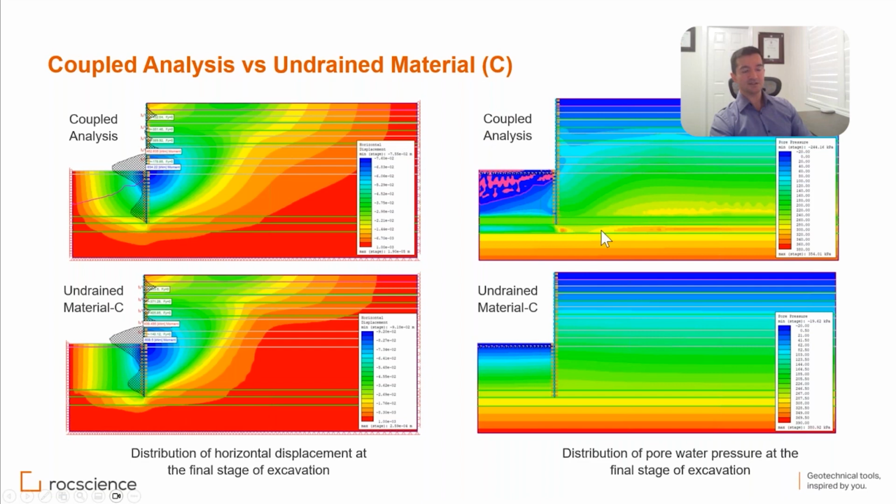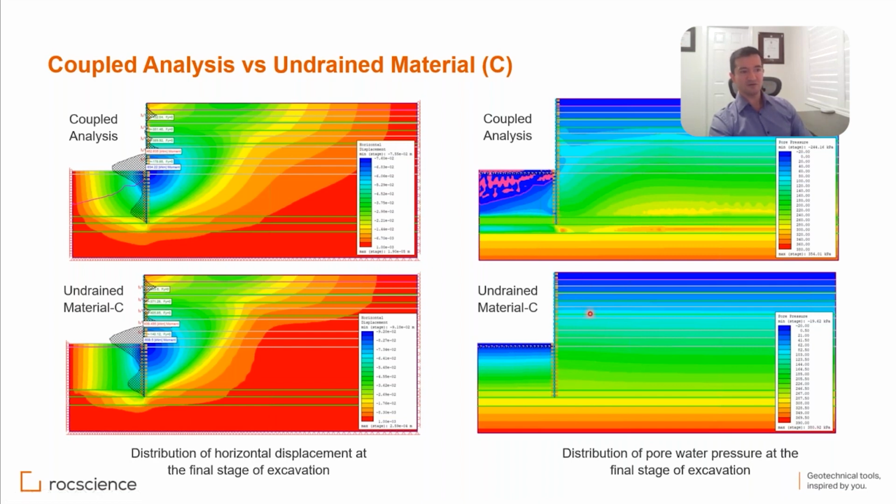For the coupled analysis, I actually have set these contour ranges to be exactly the same. So the coupled analysis is giving me lots of suction developed in the excavation area. This undrained C is not giving me any of that because it's not considering that undrained effect at all.